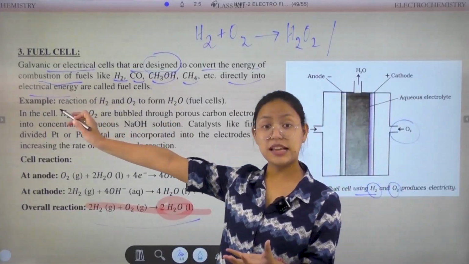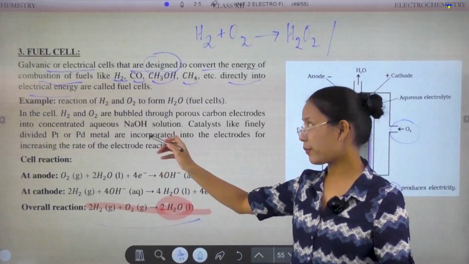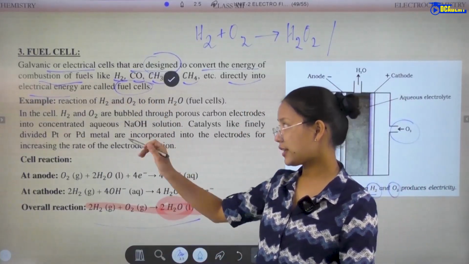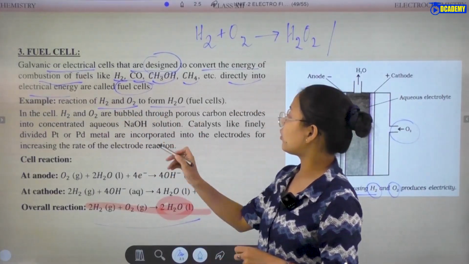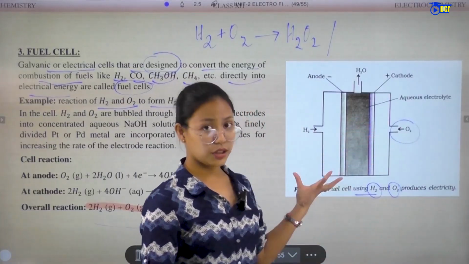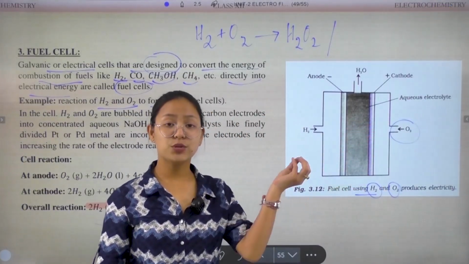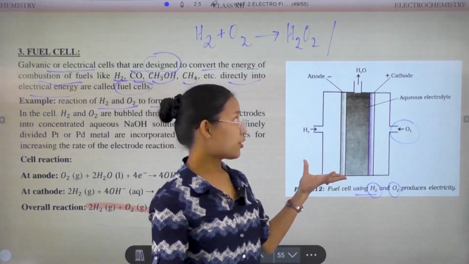They can produce electrical energy directly and these are known as fuel cells. Now, for example, the reaction of hydrogen and oxygen to form water is a type of fuel cell. Hydrogen and oxygen combine, and what are they going to form?